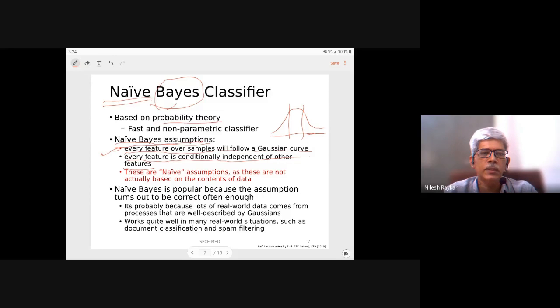So all the decisions are irrespective of each other. That is something naive, a high simplification, and that is what gives it the name naive classifier.